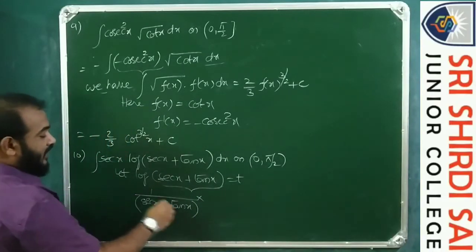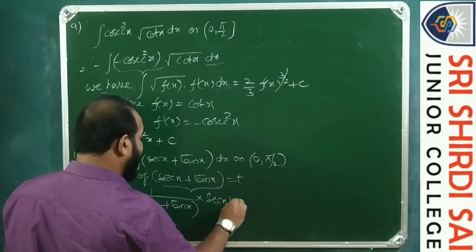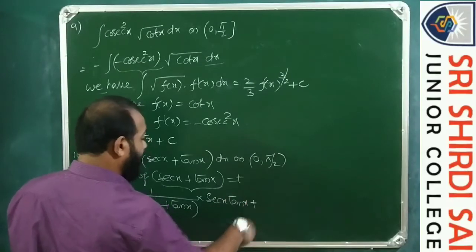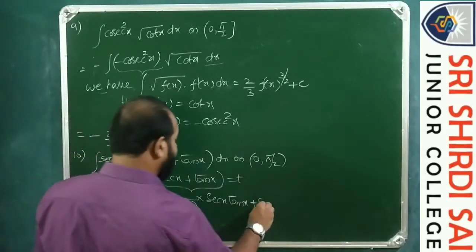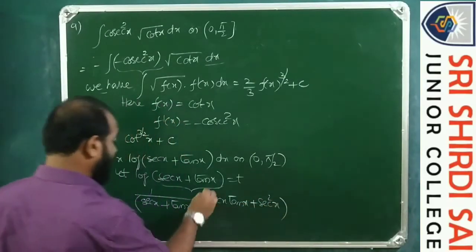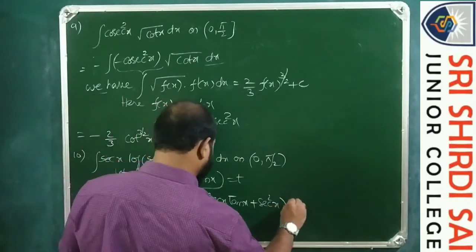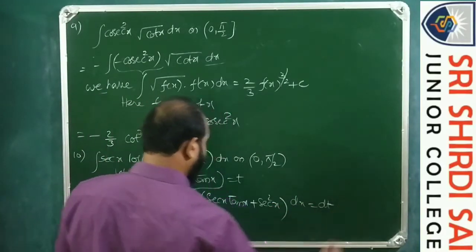D by dx of secant x is secant x tan x plus d by dx of tan x is secant square x, whole dx is equal to dt.